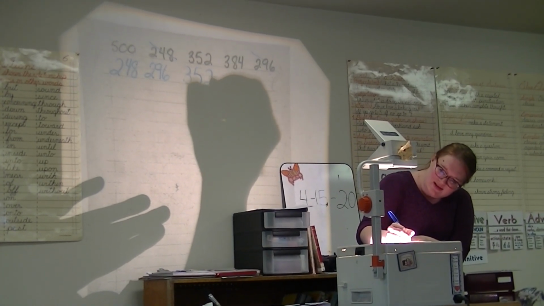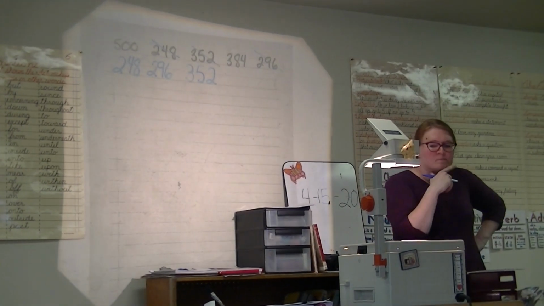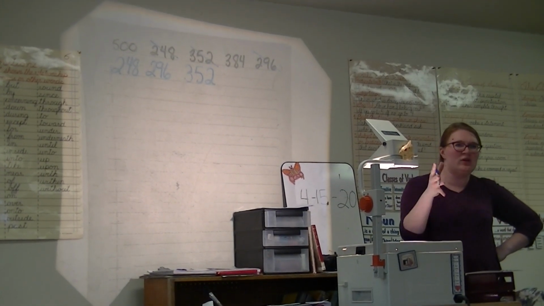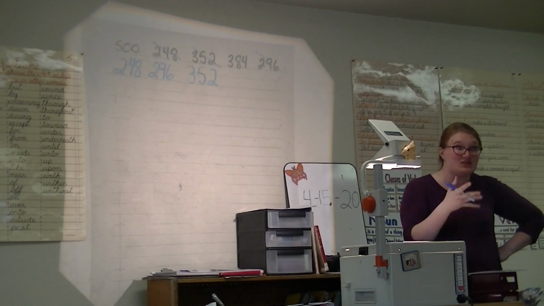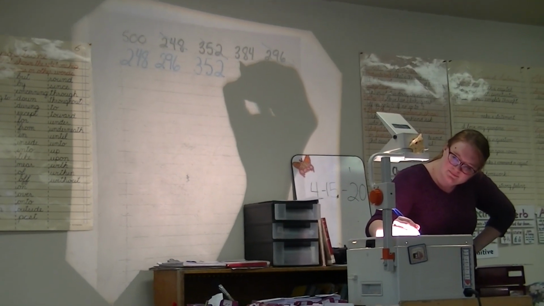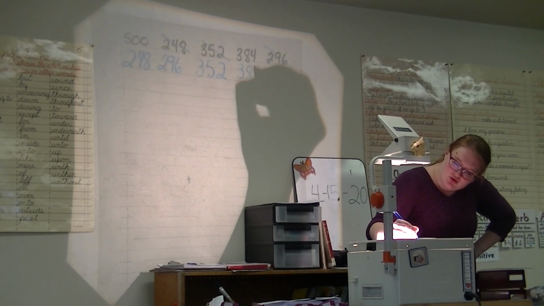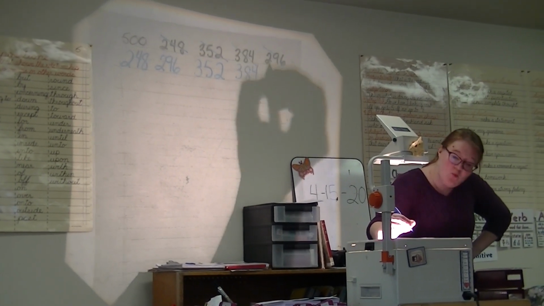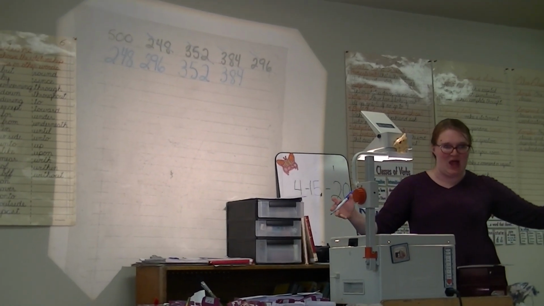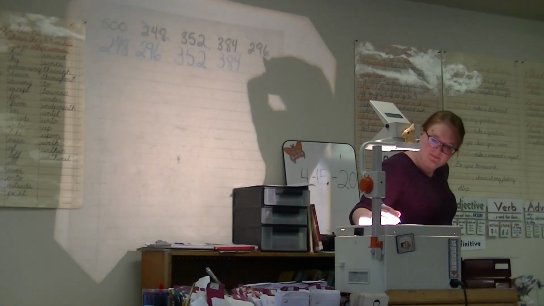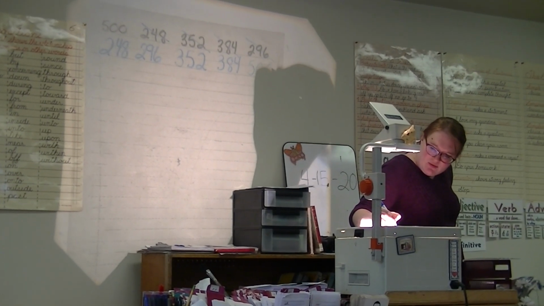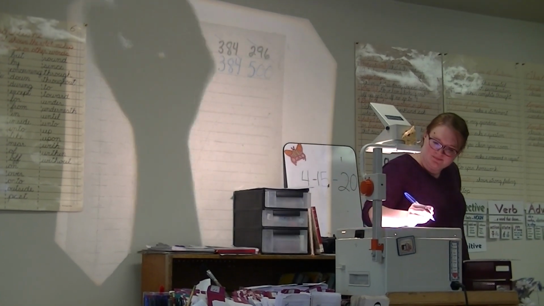But we're not done yet. What number is next in line? We're getting greater in value. 384. So what number is the greatest in value, Jackson? 500. That's easy.